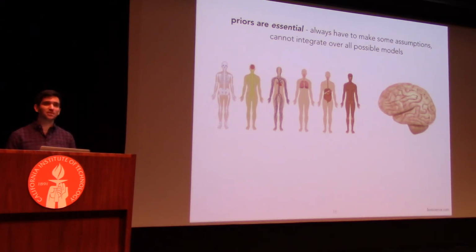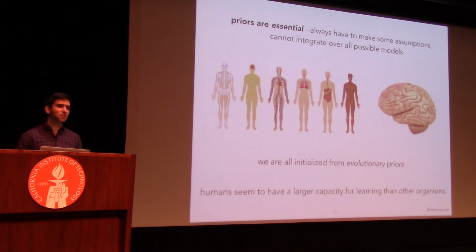There are some organisms that are born and they already know how to walk, they can do essentially everything that an adult needs to know how to do. So we are all initialized from evolutionary priors, but the cool thing about humans is that we seem to have a larger capacity for learning. So more of our lives is spent learning versus other animals. Potentially that leads to a more flexible, more adaptable organism, like we are.